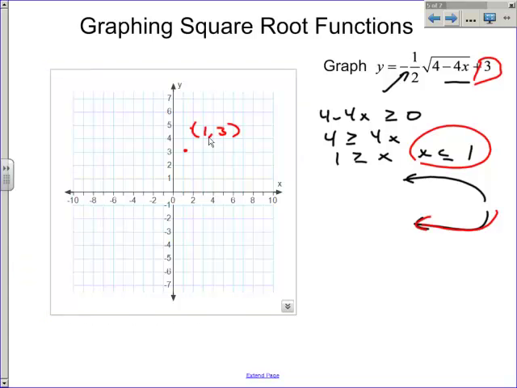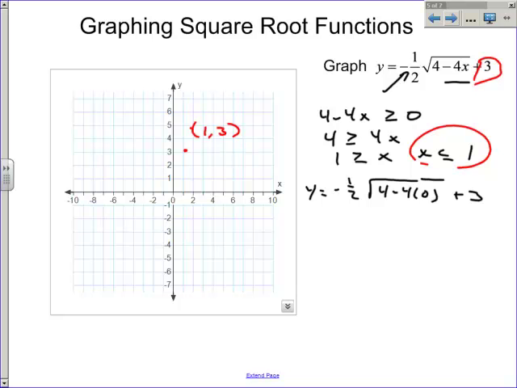Let's see if we can find a y-intercept for this graph. Find a y-intercept by setting x equal to 0. So I'm going to get y is equal to negative 1/2 times the square root of 4 minus 4 times 0, plus 3. Okay, 4 times 0 is 0. 4 minus 0 is 4.